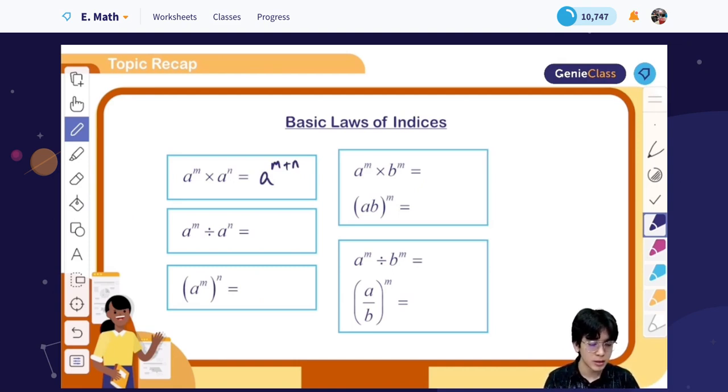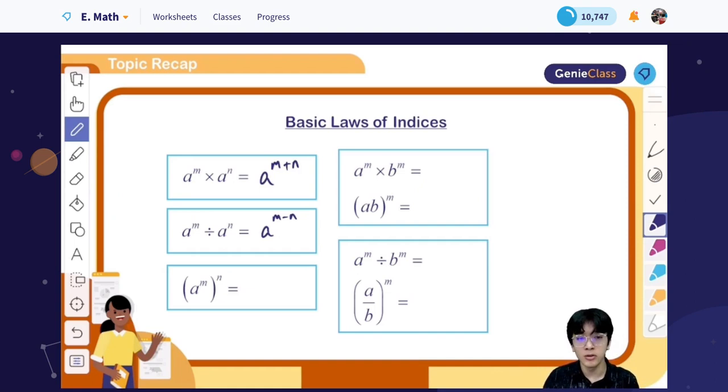Now, what is a power m divided by a power n? If you have multiplication, you add the powers. If you have division, thank you, Nicole, you minus the powers, right? So whenever you see divide, this division basically means negative power.